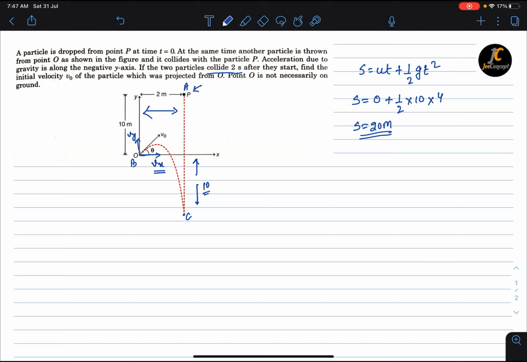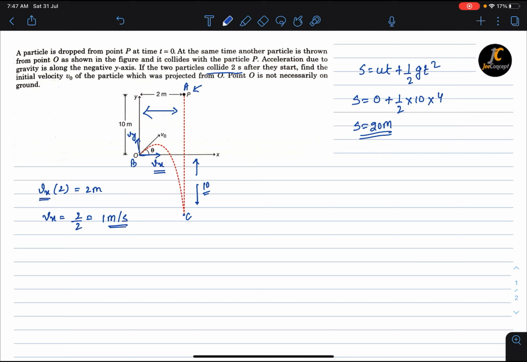So the time taken by the particle, which is 2 seconds, to cover a distance of 2 meter will be by the velocity of Vx. So we can simply get the value of Vx as 2 by 2, that means 1 meter per second.